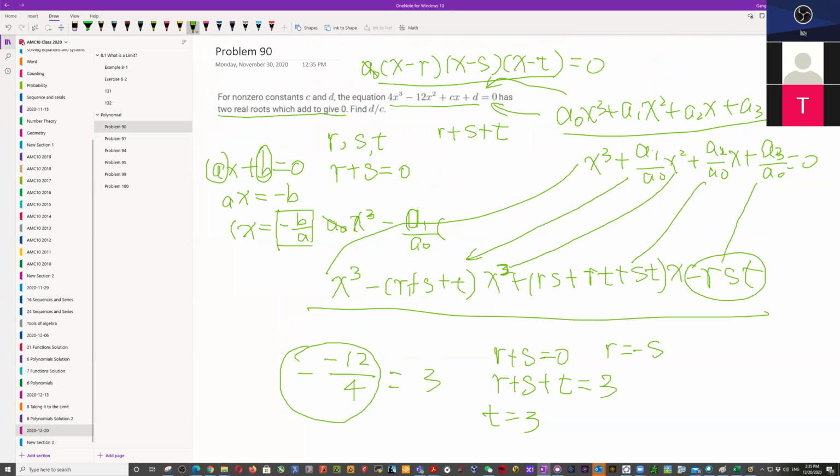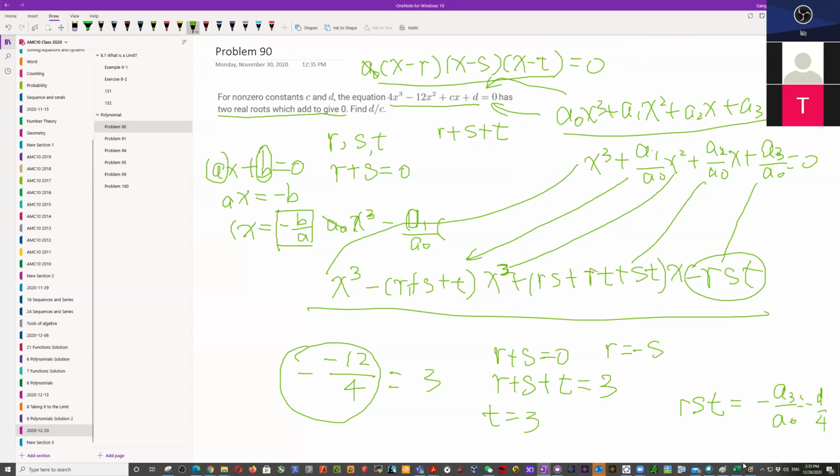And so basically RST is actually equal to A3 over A0. And A3 is just equal to negative D, over A equal to 4.